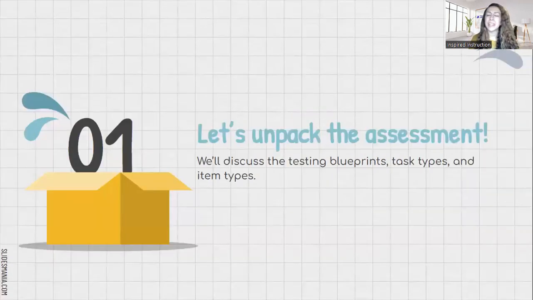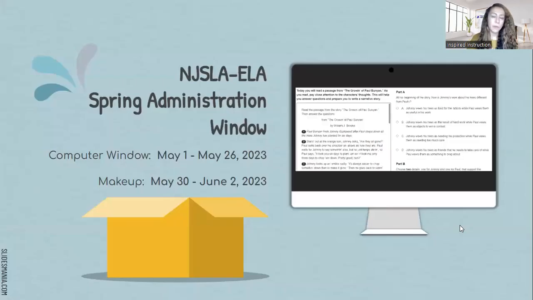Okay, so that first piece of our agenda, as I mentioned, is unpacking the assessment. So here we're going to talk a little bit about the testing blueprints, testing window, and I'll share some of the details about the task types and item types that students will be experiencing. So first piece here, our NJSLA-ELA Spring Administration Testing Window.